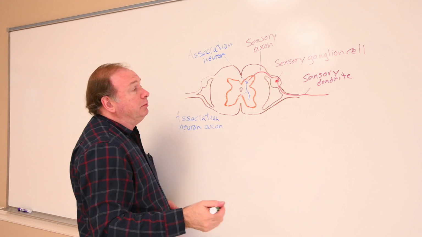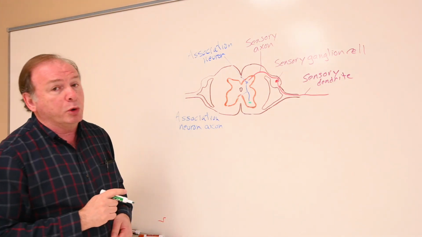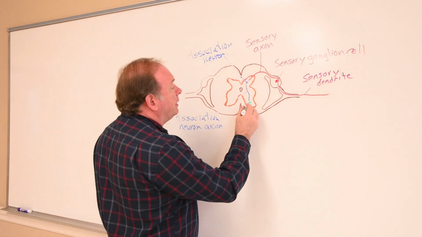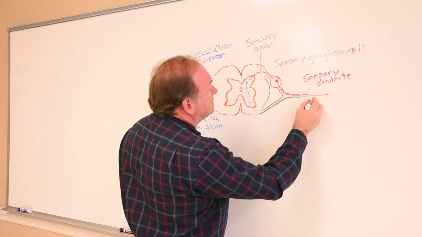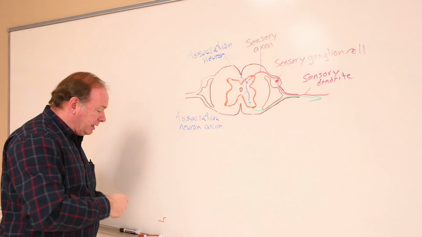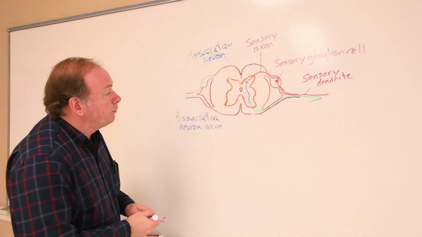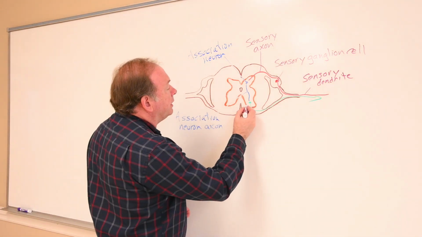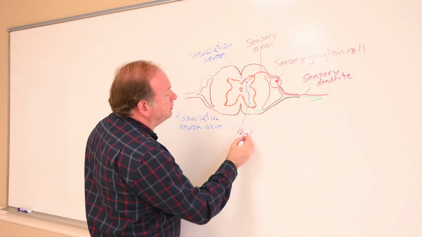That connection is going to synapse with the motor neuron. Here's the motor neuron cell body right here. And that signal is going to head out in the other direction. There's your motor axon leading outward. So this one here is your motor neuron.